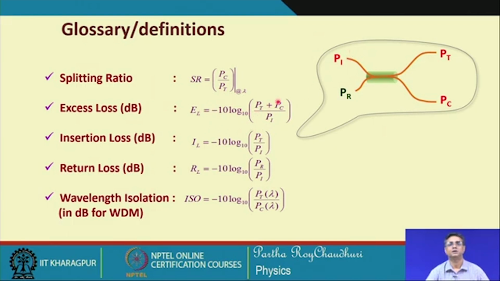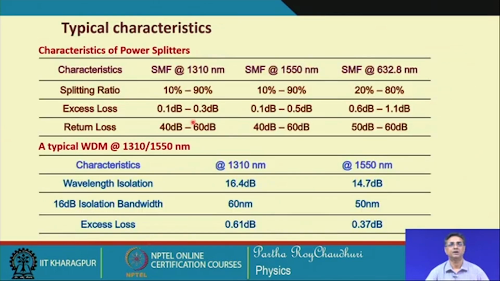Insertion loss is the loss along one particular path, either PC or PT. Then return loss: a part of the light will be reflected because of Rayleigh scattering, imperfection and other things. And then wavelength isolation, which is true for the WDM system, which we will shortly discuss.